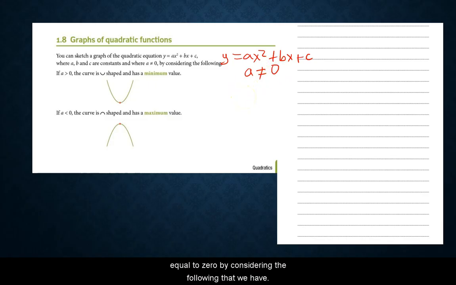If a is greater than 0, the curve is U-shaped and has a minimum value. If a is less than 0, you just invert the shape and you get the maximum value. So we have a minimum and we have a maximum value.